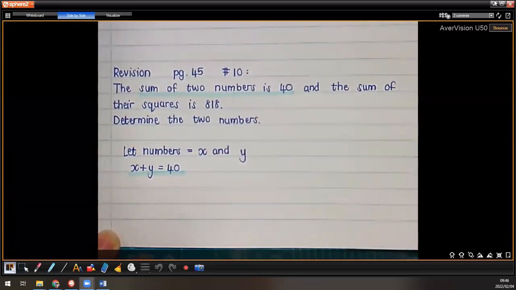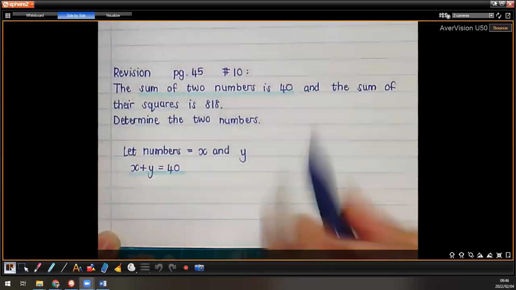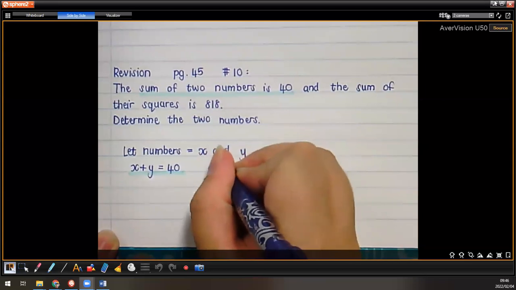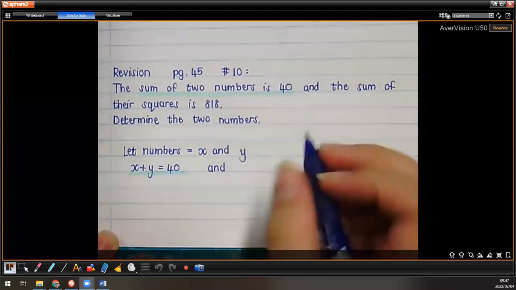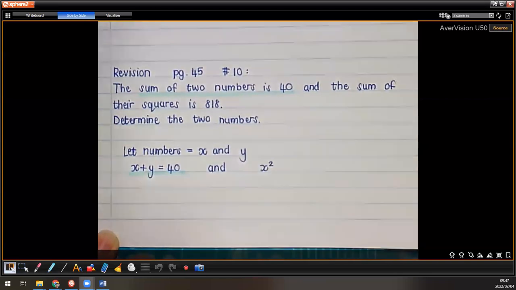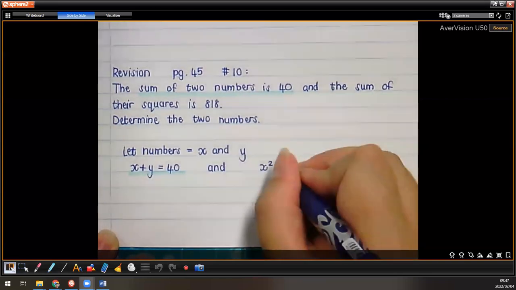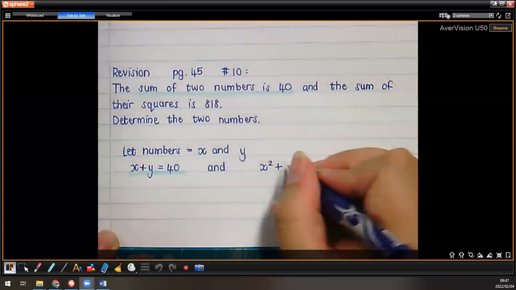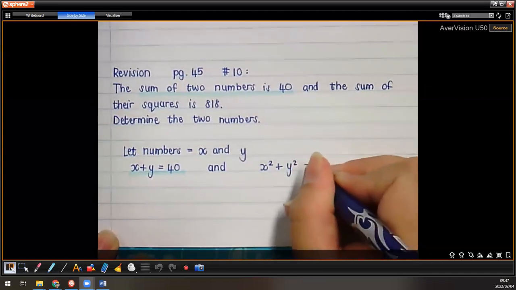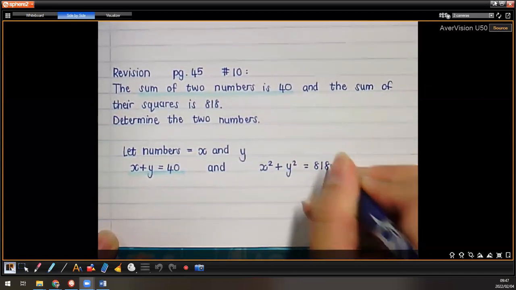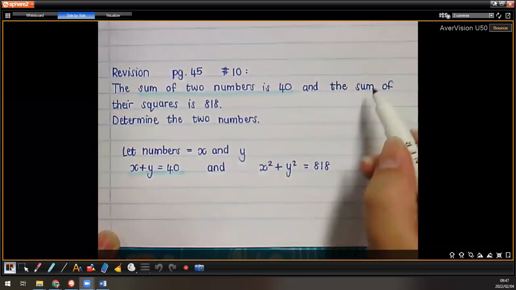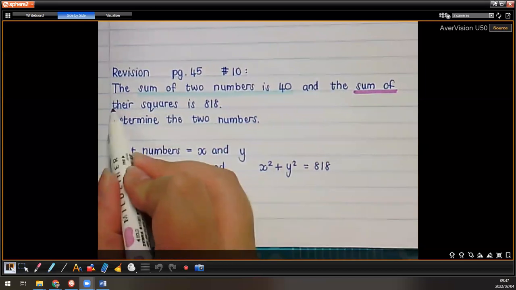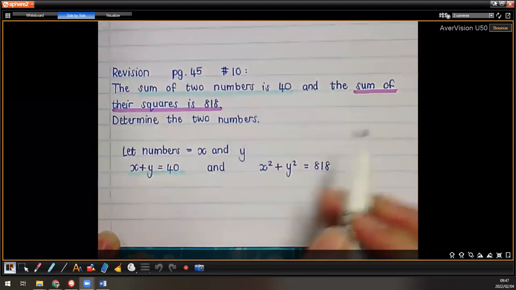One number plus another one is 40, and then they are saying the sum of their squares is 818. So the square of x is x squared. We're saying sum, so we must add. The square of y is y squared, and that they are telling us is 818. Sum of the squares is 818.